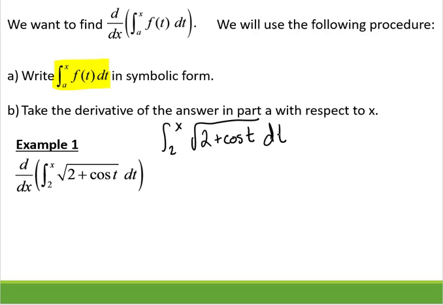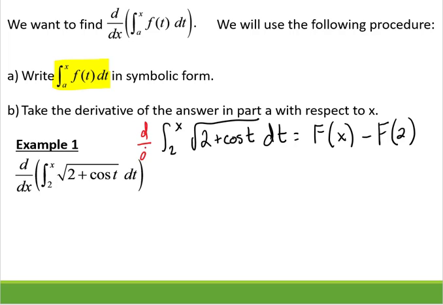And when I'm trying to take the antiderivative of this, I don't know what that is. So I call this a big function, big F of x minus big F of 2. Okay, and that's just our notation. You don't have to write that where f prime of x equals f of x the whole time. That's just our understanding. Now I take the derivative of this with respect to x.